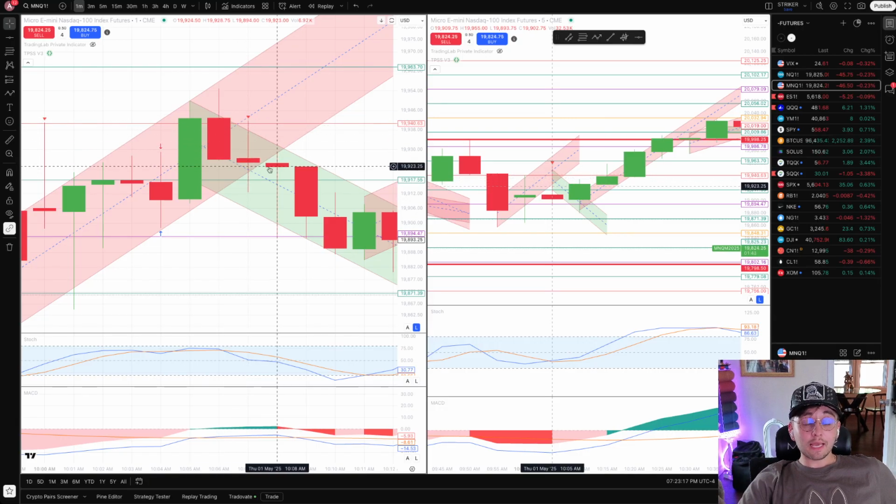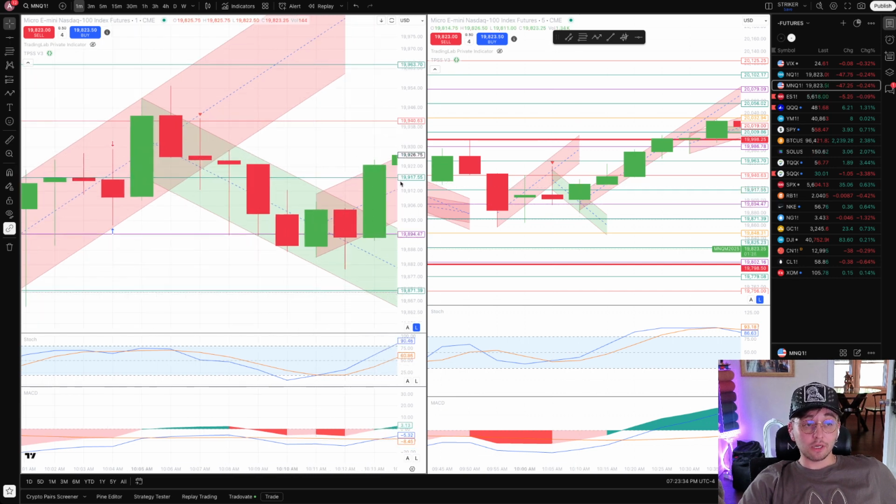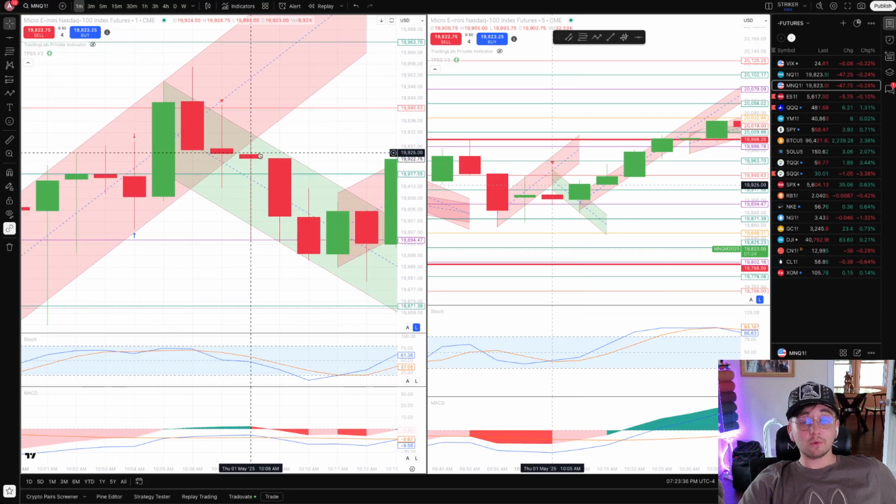And then we became even more interested because now we're breaking the parallel channel. Once we start breaking this parallel channel, we need to see how this candle is going to react. Now, obviously, it rejected straight down to the daily, or to the hourly, and it bounced. But we never came back inside that parallel channel. So with that being said, what do we have below that will hold us back from dropping more?